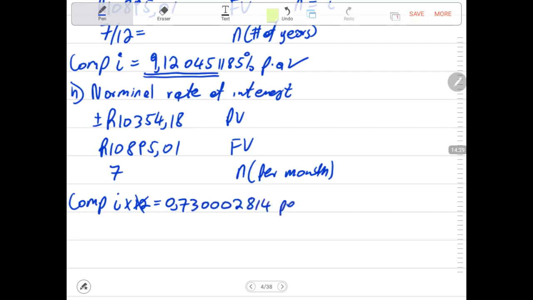This is the interest per month. So we multiply this by 12.